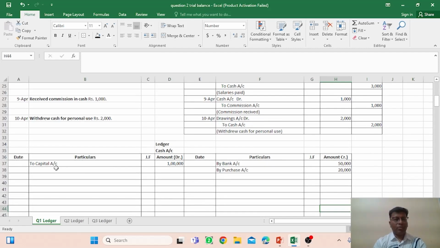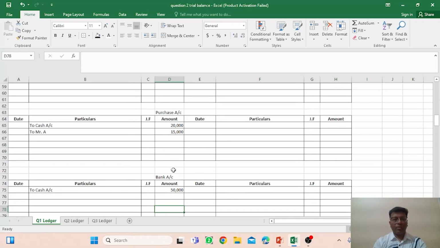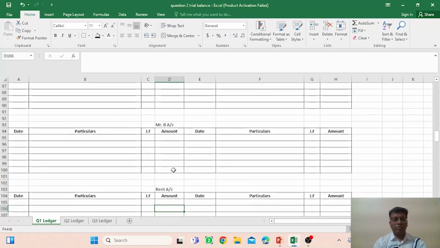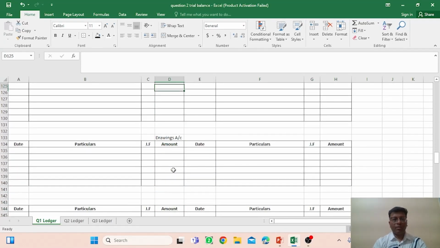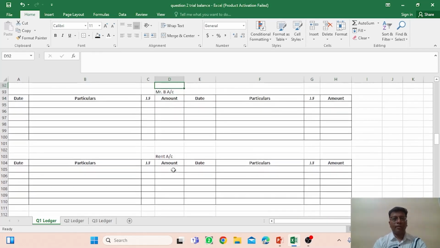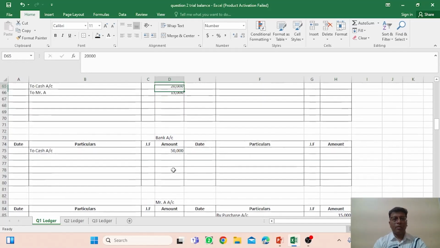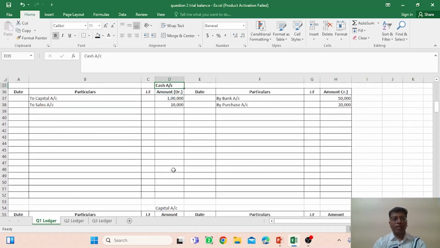So in the cash account to sales account, amount is 10,000, and in the sales account you have to mention, I think sales account is not open, so we have to mention. Once again we check whether we have prepared the sales account or not. Oh, no, we have not opened the sales account, right?